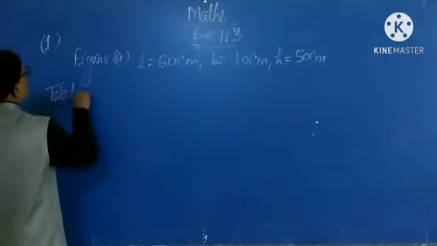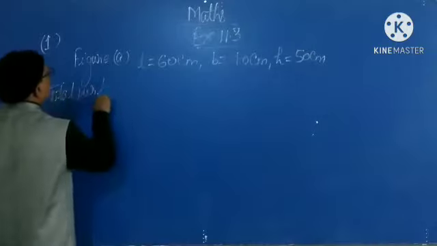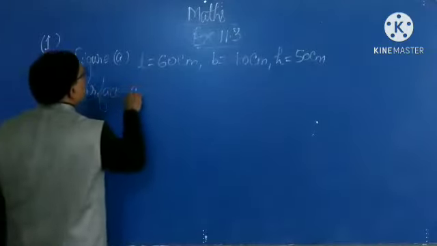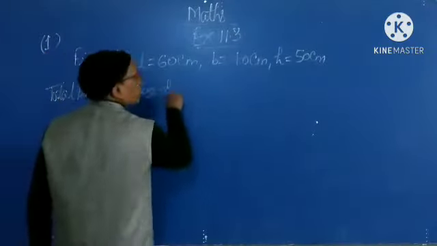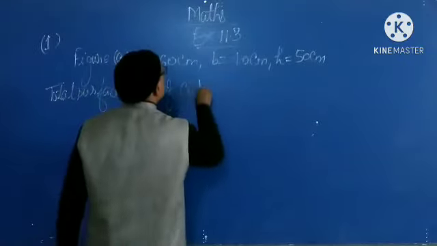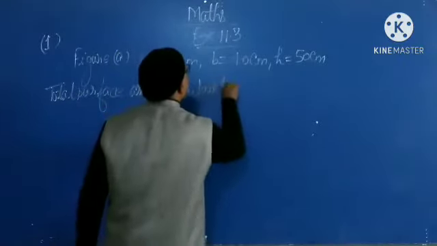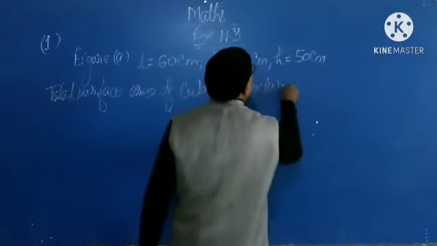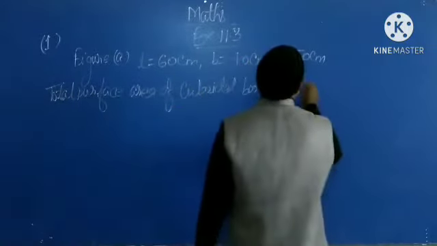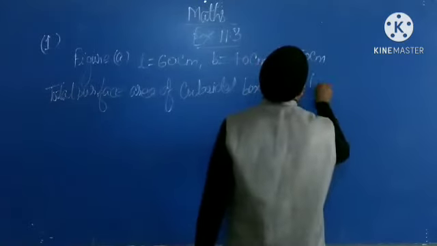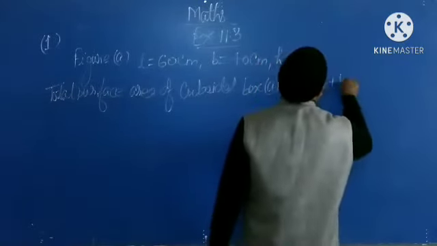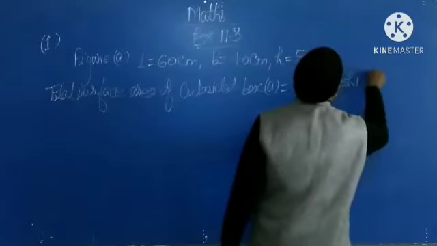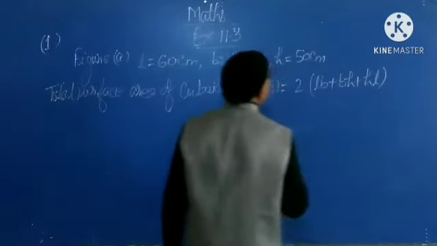Total surface area of cuboidal box A is equal to, formula is 2 into the bracket LB plus BH plus HL.